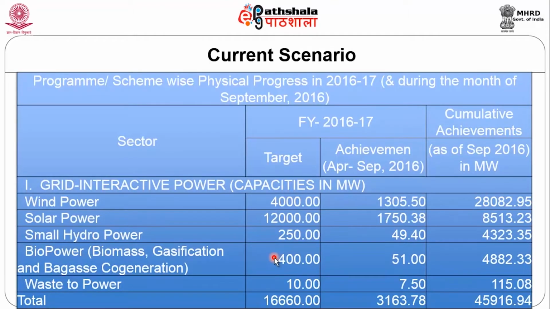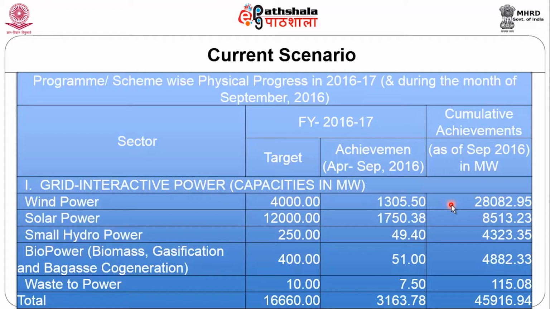And this is about the current scenario with respect to wind energy. Wind energy installed capacity is about 28,082.95 megawatt till September 2016, which is remarkable, and we hold the 4th position in the world in terms of wind energy installed capacity.